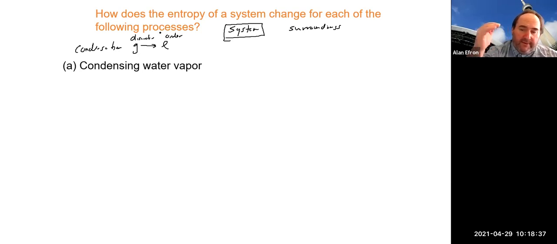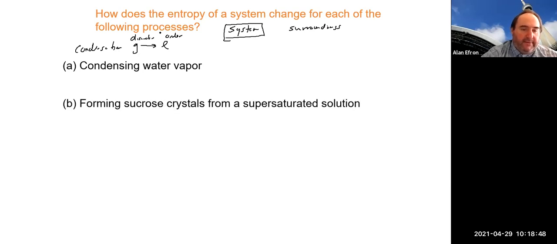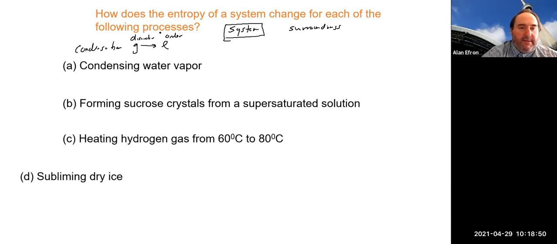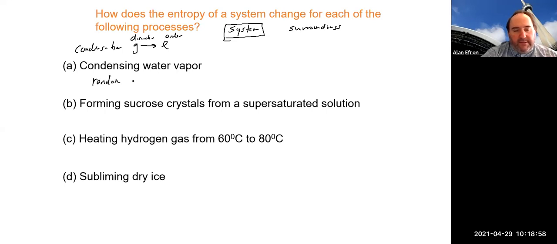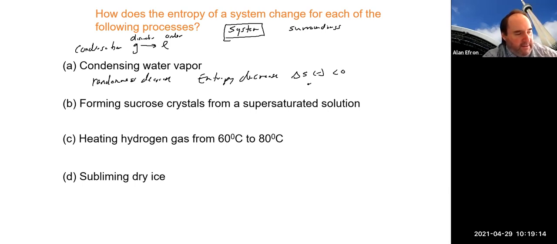Our disorder is decreasing, the randomness is decreasing, and we would expect this to yield a negative value for our delta S. So why don't you take a moment and try the other ones here. Again, we would expect the randomness on this first one to decrease, and we would expect the entropy to decrease as well. Our delta S would be a negative number, less than 0. Take a second here for the other 3 and see what you come up with, and we'll talk about it.